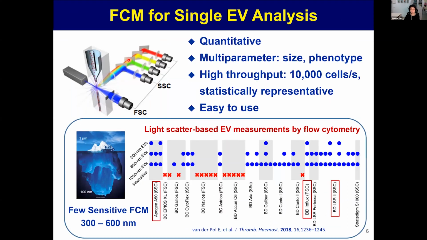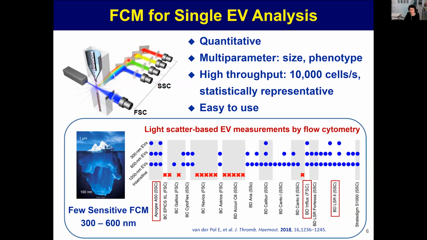We know that flow cytometry is a key technology for the multi-parameter analysis of single cells. It has many advantages, but the applicability of flow cytometry to the nanoscale EV analysis presents many challenges. One is the limitation of the instrumentation, and also the lack of robust methods, and also how to interpret the data.